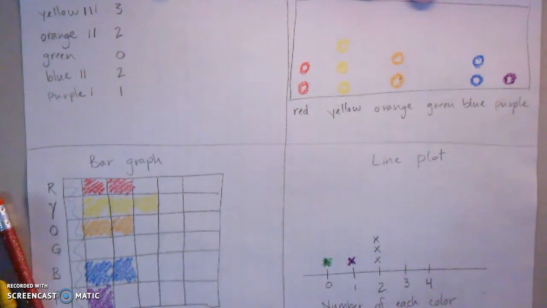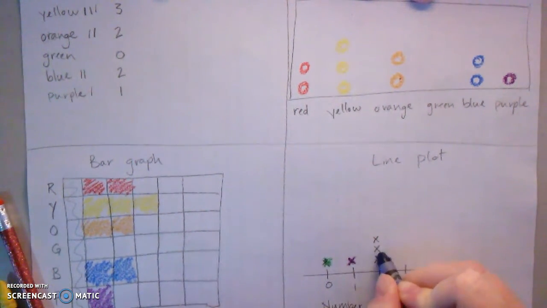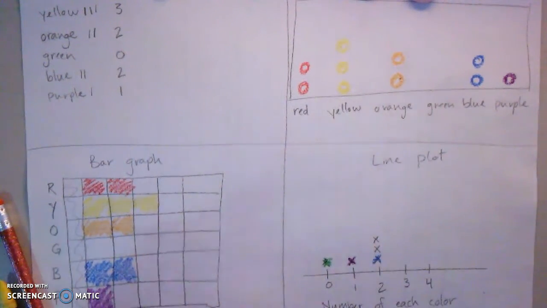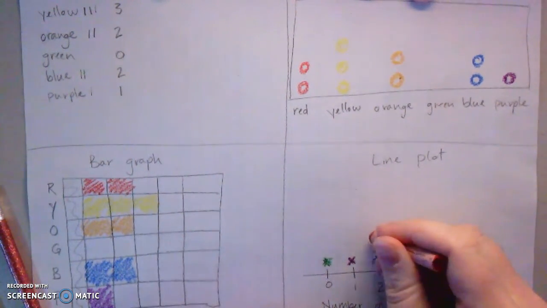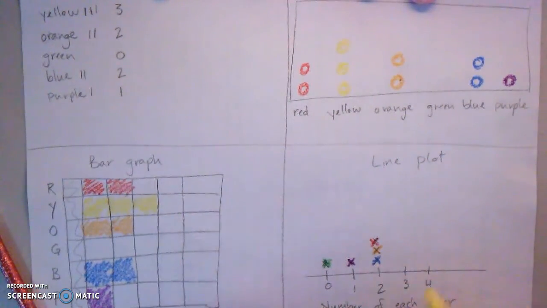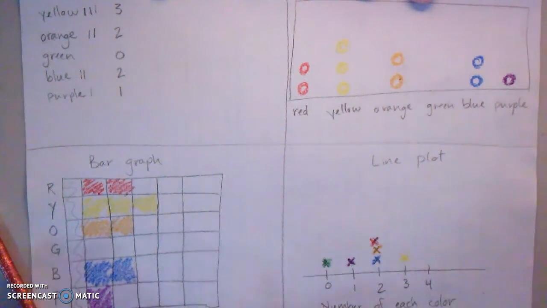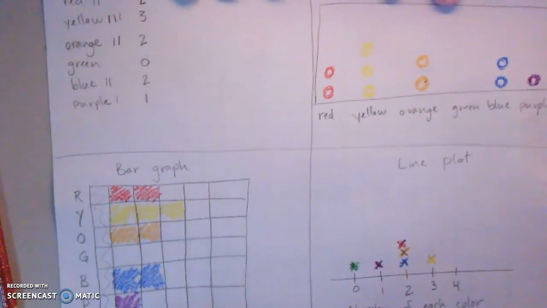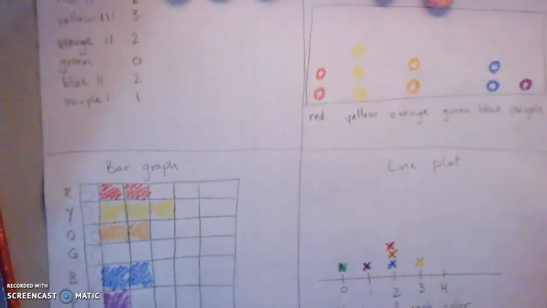And blue, orange, and red all had 2 of each color. And then yellow is the only one that had 3 in each color. Okay, I'm doing pencil so it matches. There we go. So there are the 4 different ways of showing the information for my Fruit Loops.